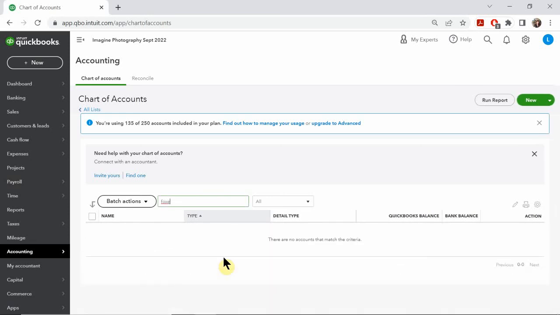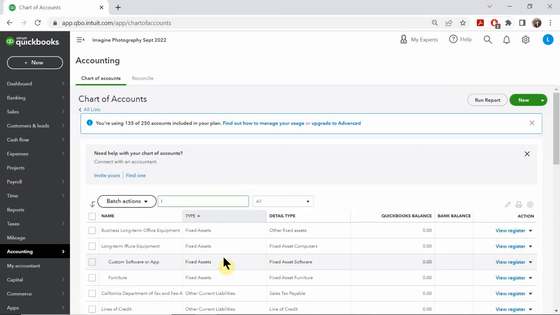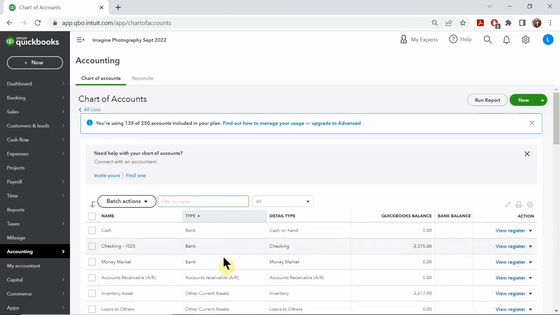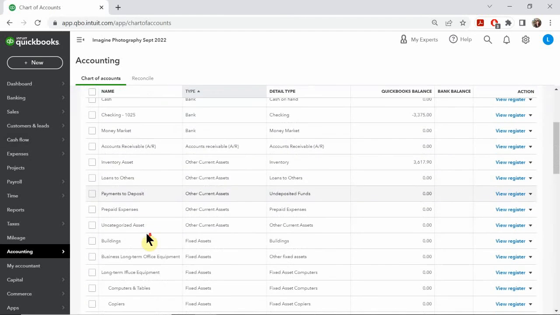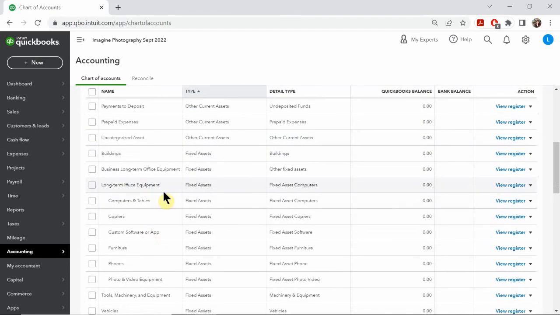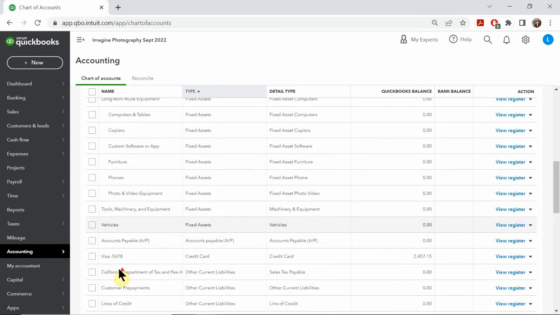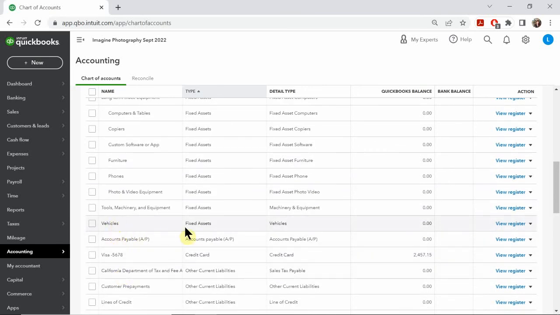I don't have any fixed assets except maybe a few things. So let's take a look at my fixed assets. I have long-term assets, and I have vehicles. But under vehicles, do I have anything?